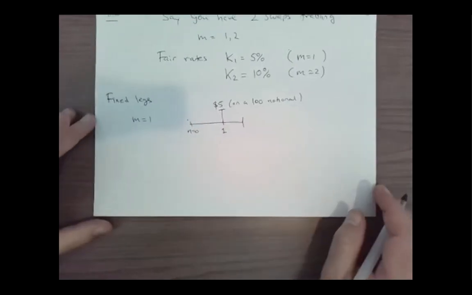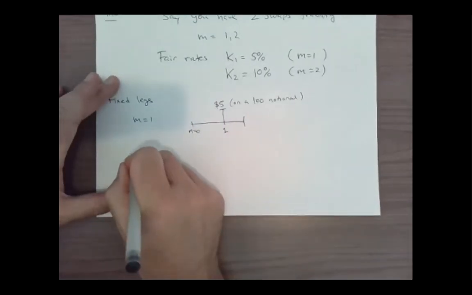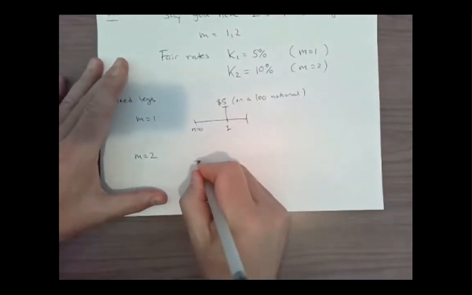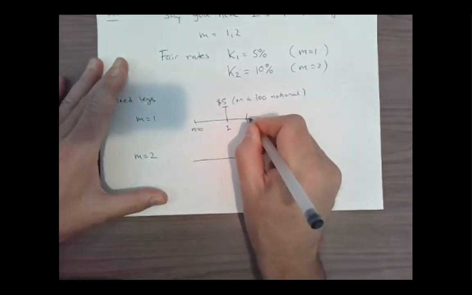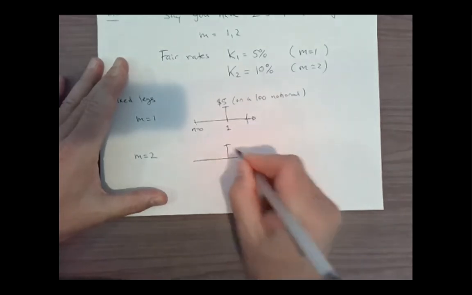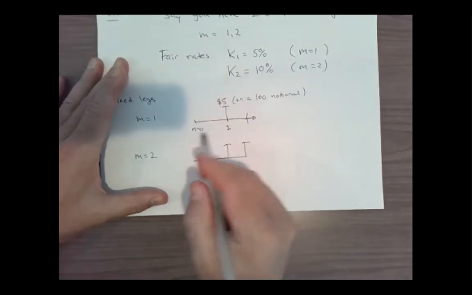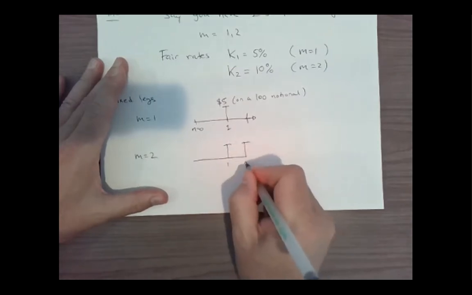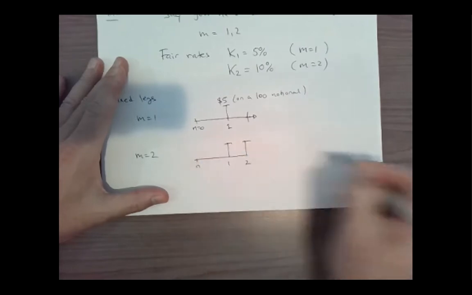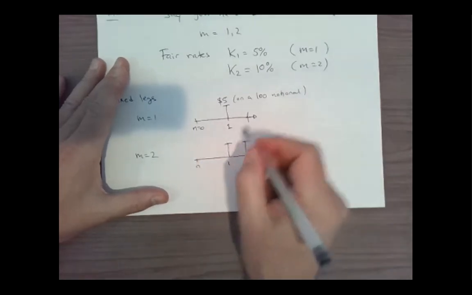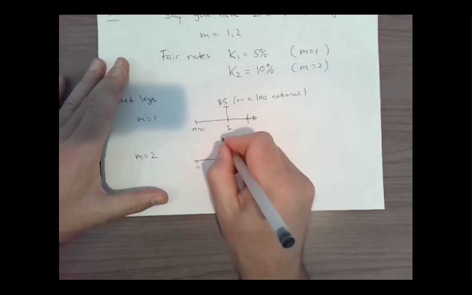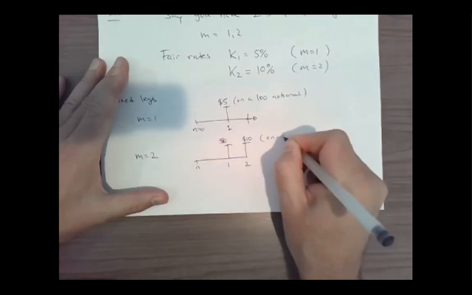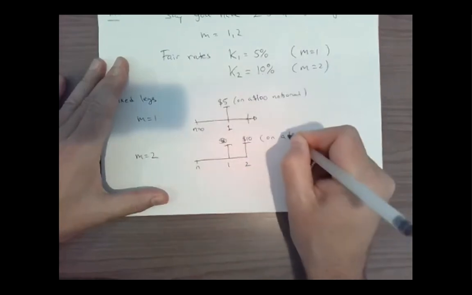For the swap that has 2 payments in it, the picture is you'll get something here, you'll get something here. Remember, for the fixed leg, it's always the same height. There'll be a payment here, and there'll be a payment here. And then you're sitting out there. And the payment you'll get here is $10. And this is again on a 100 notional.